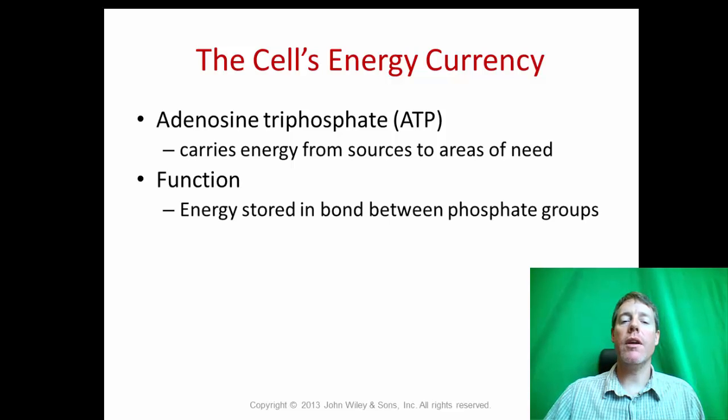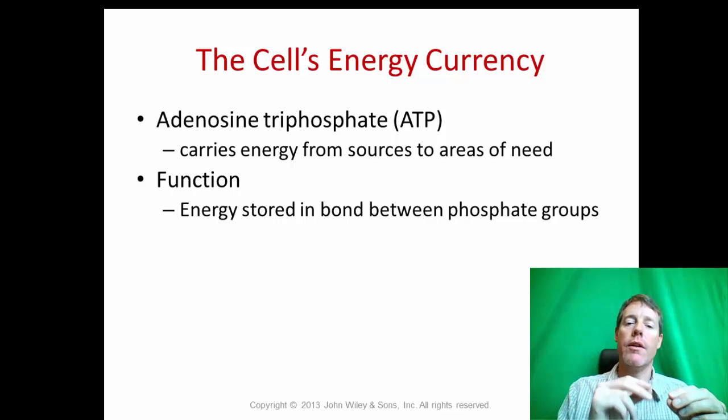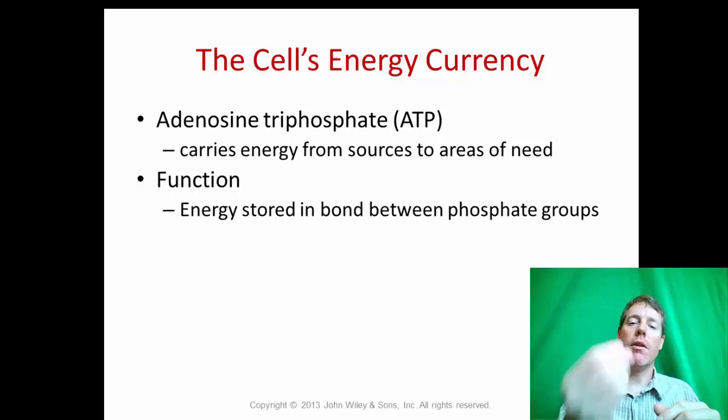So the function of ATP, how it works, is that it stores energy in a bond between phosphate groups. A phosphate group has a P surrounded by oxygen atoms, and phosphate groups can bind together, and in the bonds between atoms is where energy is stored. In ATP, the usable energy is stored between the second and the third phosphate group.